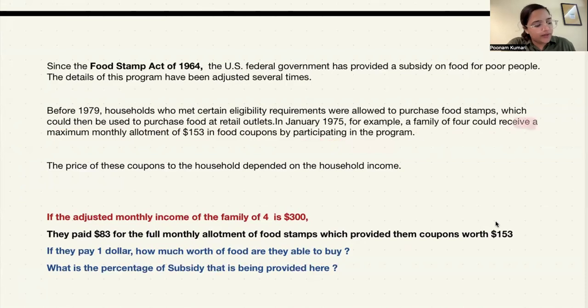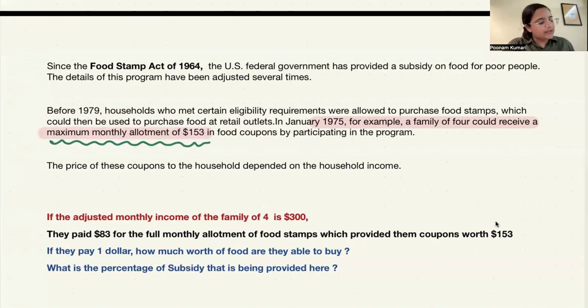So family of 4, जिनकी income के basis पे कोई ना कोई criteria होगा, there must be some criteria, they can get a maximum monthly allotment of $153. What does that mean? The maximum amount of food that they can potentially purchase using whatever food stamps that they get is $153, right? So this is the maximum food allotment.